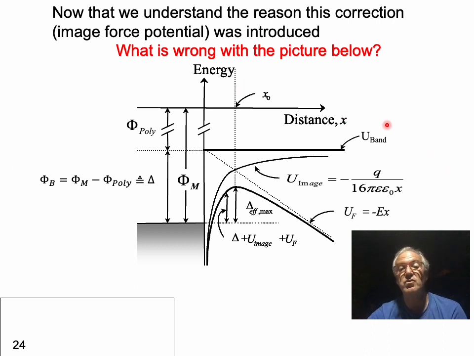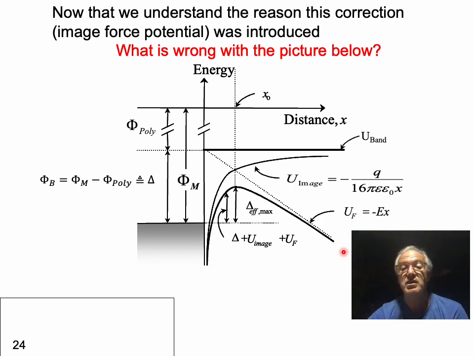So we go back to this picture that I've shown you before, and we've discussed this image force and the issues that I've raised in the previous slide. And if you paid attention to what I've said, you probably missed the reason why this picture is wrong.